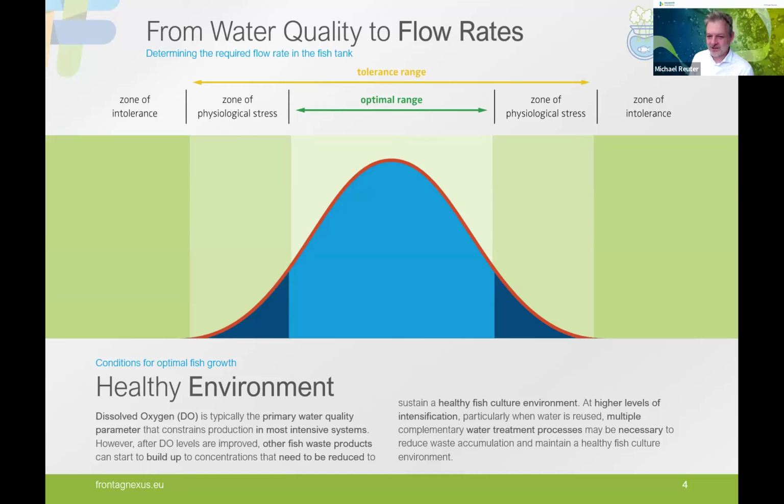We always try to keep every water parameter that is important for our fishes in the optimal range where they grow the best, and their livelihood will be the best too. We try really to keep it in the optimal range and take action as soon as we leave that, so that we only occasionally get into the tolerance range.